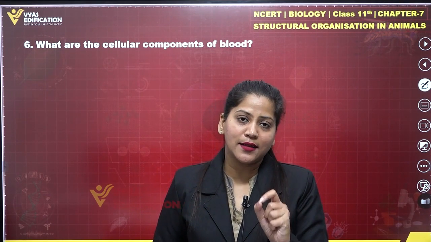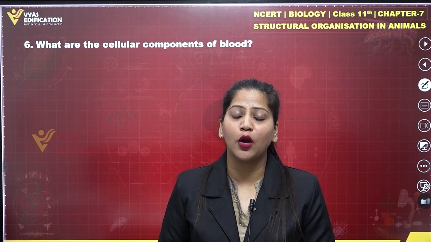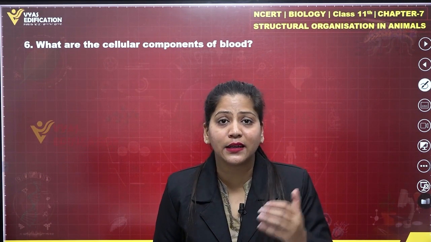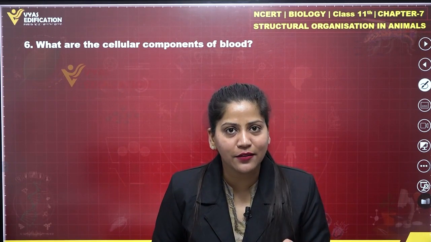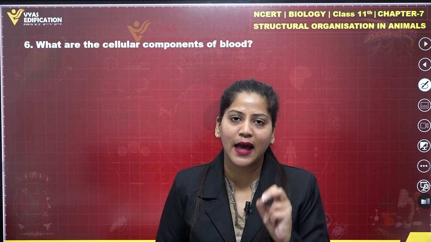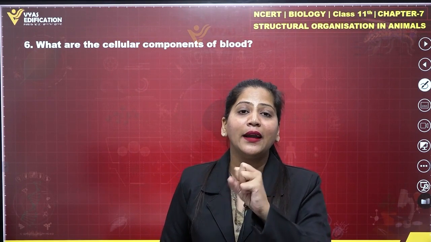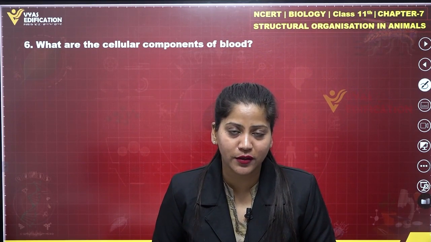Moving on to the last cellular component of blood, that is thrombocyte, which we can also call by the name platelets, right? You must have heard about platelets. The very important function of thrombocytes or platelets is providing blood clotting, or they activate during blood coagulation, right?